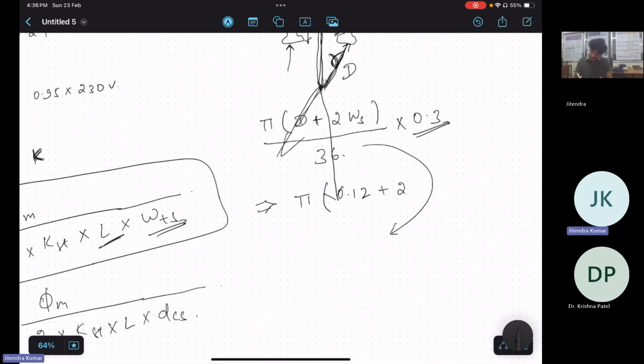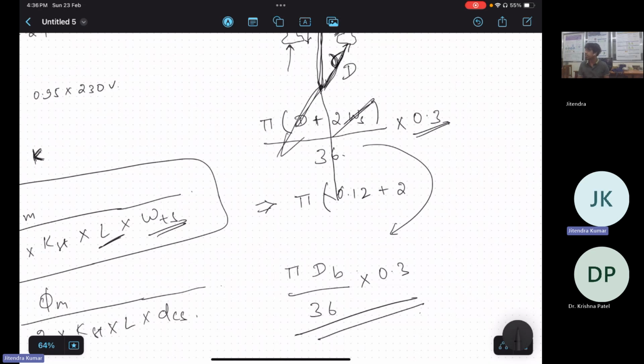Here, you can write pi DB directly. You do not need to calculate this 2WS because this 2WS information will not be given generally. And here by 36 into 0.3. Okay, so is it confusing or am I able to explain it?